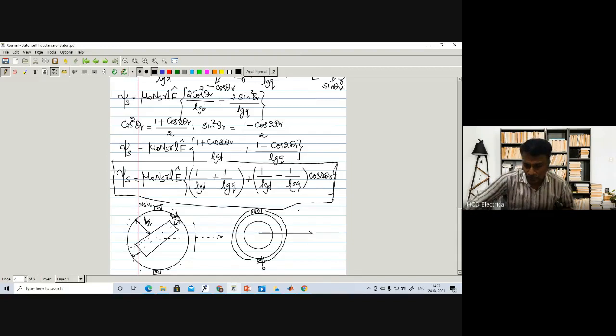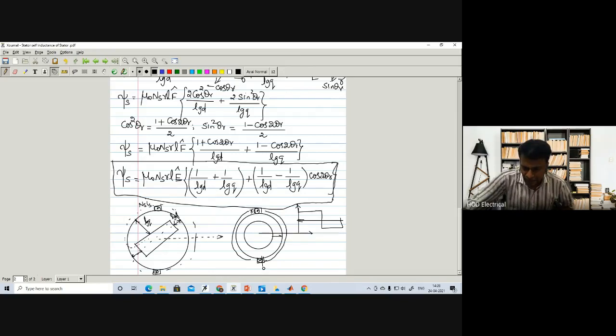If you draw the waveform, we can draw it like this, a square wave. We have to find out this magnitude. We have already derived how to find the magnitude, but anyway I will repeat it here.